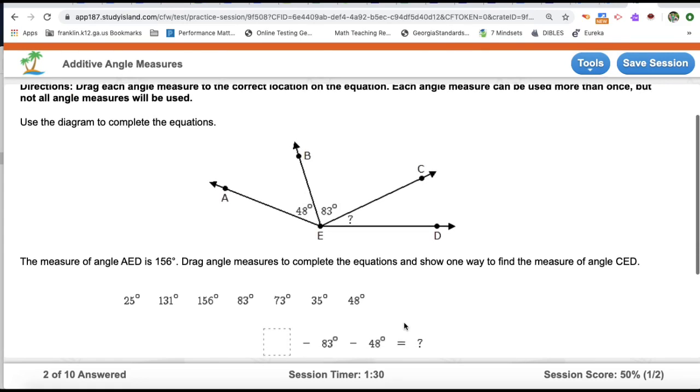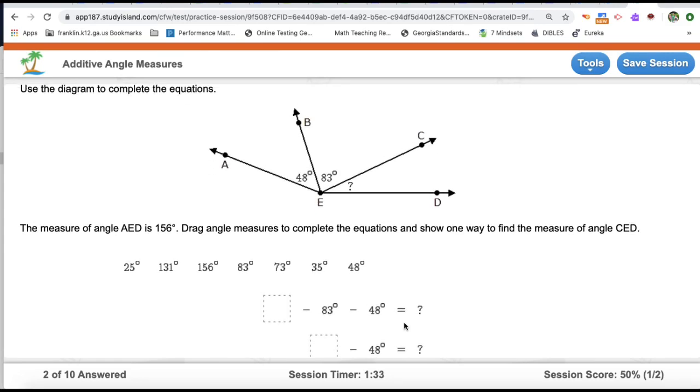This one's pretty complex looking, but not really bad because it tells you here that the measure of AED, so you find AED, that's the whole thing. So if we add all three of these measures together, we're going to get 156.